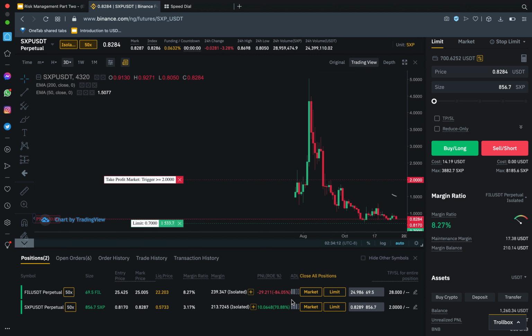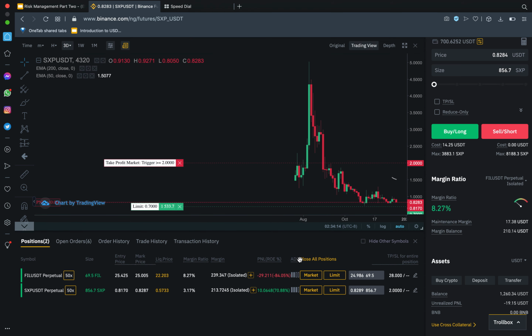You need to take note of that, because I've coached a lot of people, and this is one mistake that newbies make. They forget to add some more to their margin, and they get stopped out so quickly.